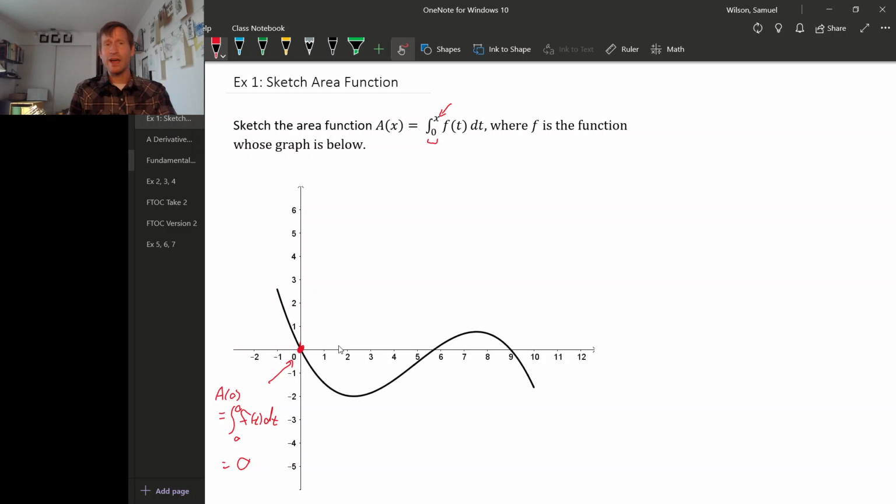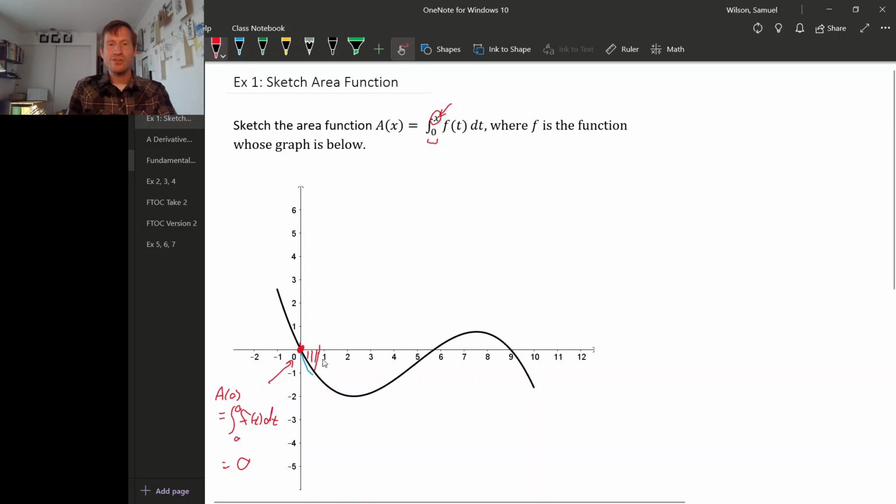As we move to the right, remember what we're going to do now is treat our upper bound for our area integral as a variable. Right now it starts at 0, but we're going to slide this upper bound to the right. As you slide this upper bound to the right, this function has negative values. This area counts as negative because it's below the x-axis. And so as we move to the right, the graph of our area function goes negative because we've accumulated some negative area.